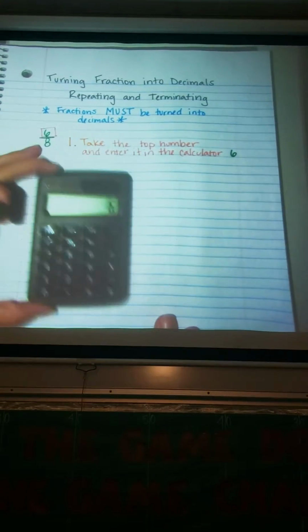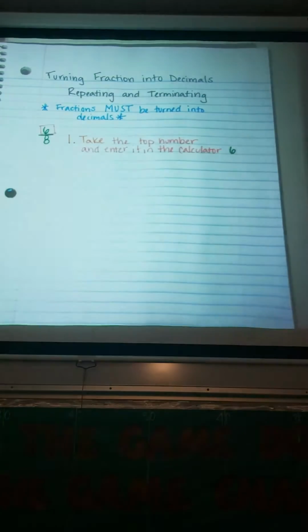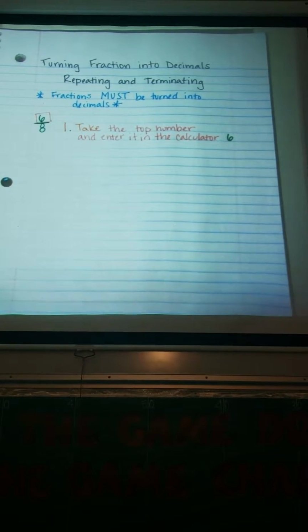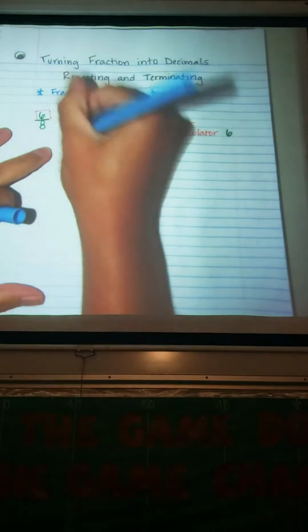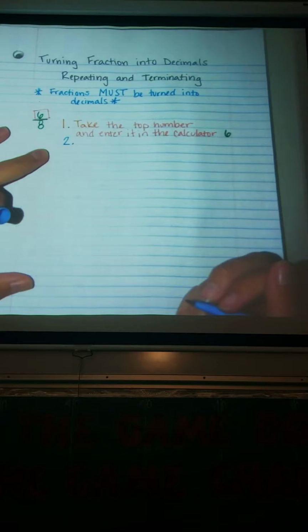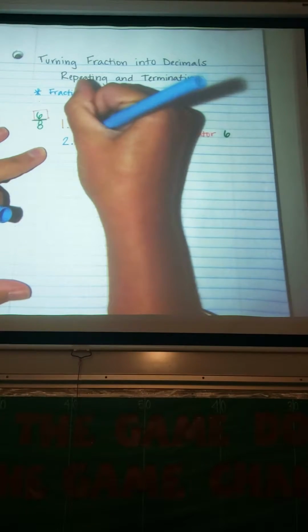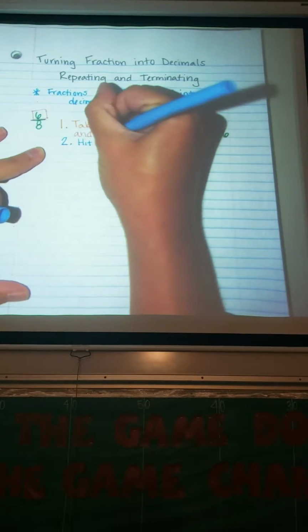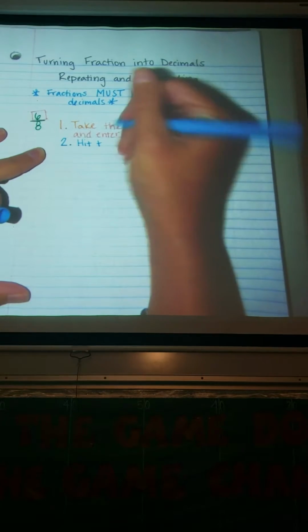The next step is to hit the division sign, or lightly tap the division sign. You don't have to be aggressive.